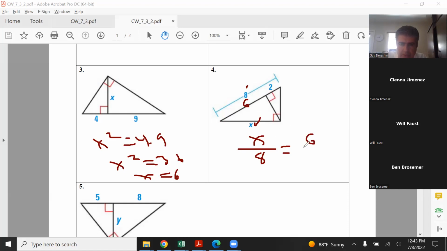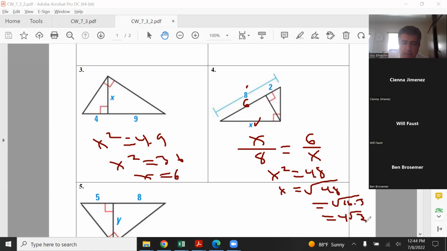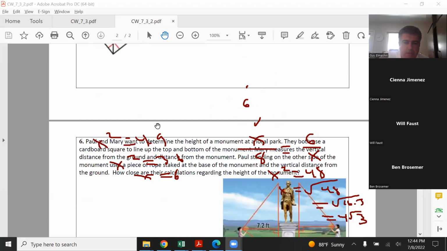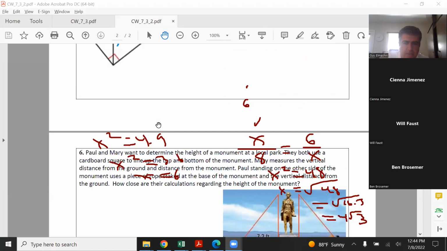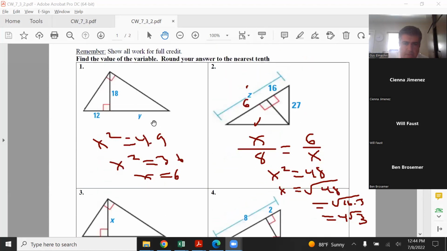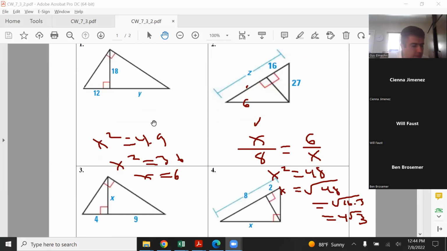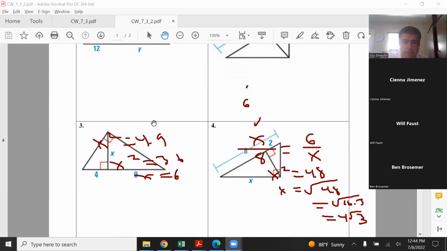Yeah, 6 over x. Because you're comparing the big leg to hypotenuse, big leg to hypotenuse. So x squared is 48. X is root 48, which of course is 16 times 3. So you get 4 root 3 for that one. So looking at the answers, yeah, 27, 6. It actually should be root 27 for number 1. That's kind of weird, but anyway.